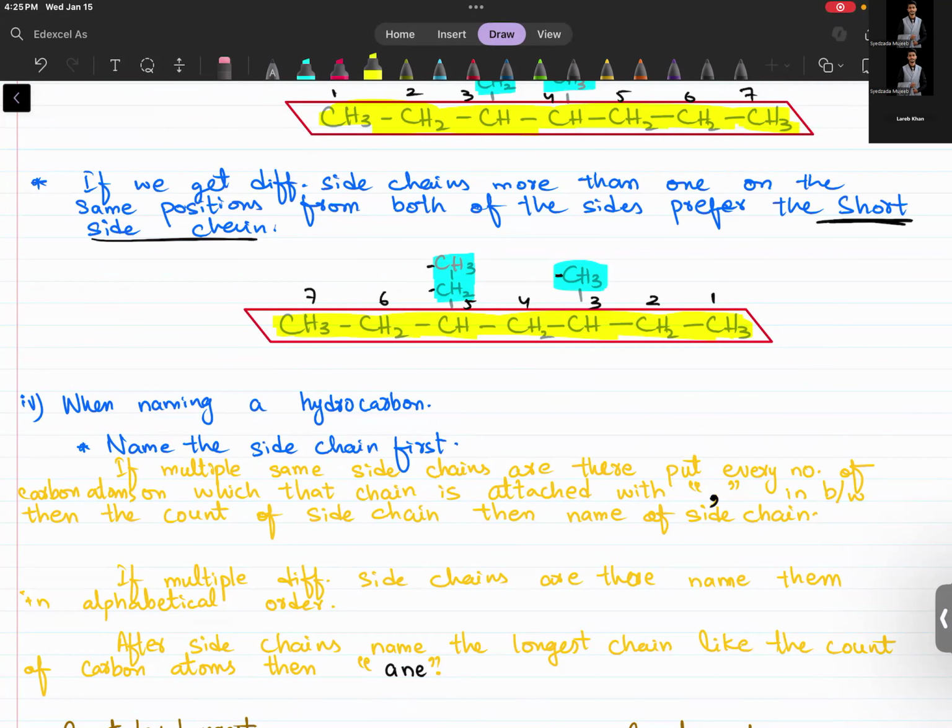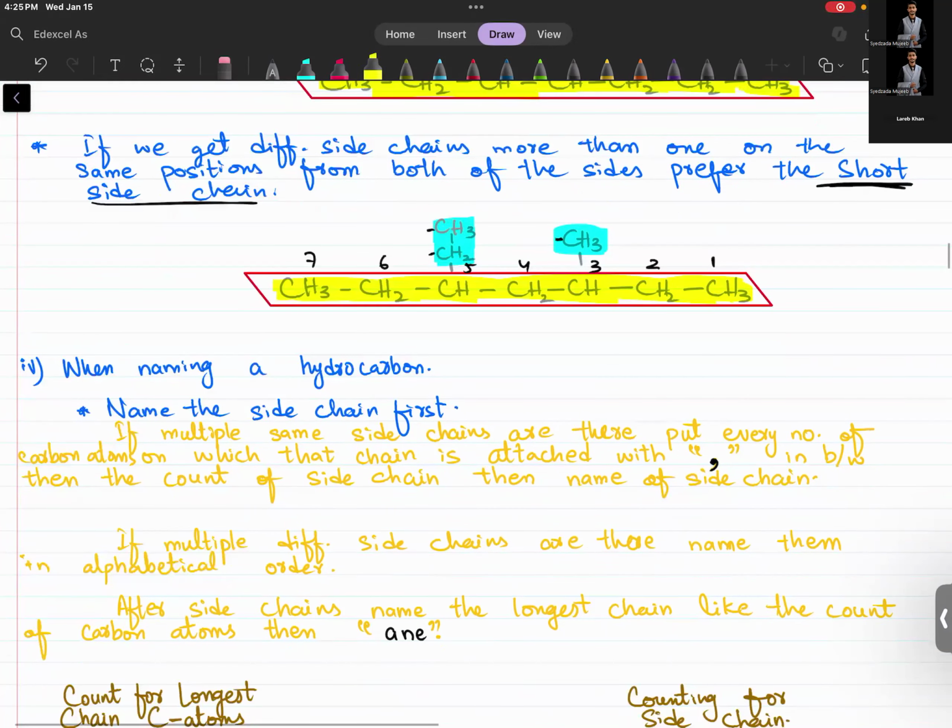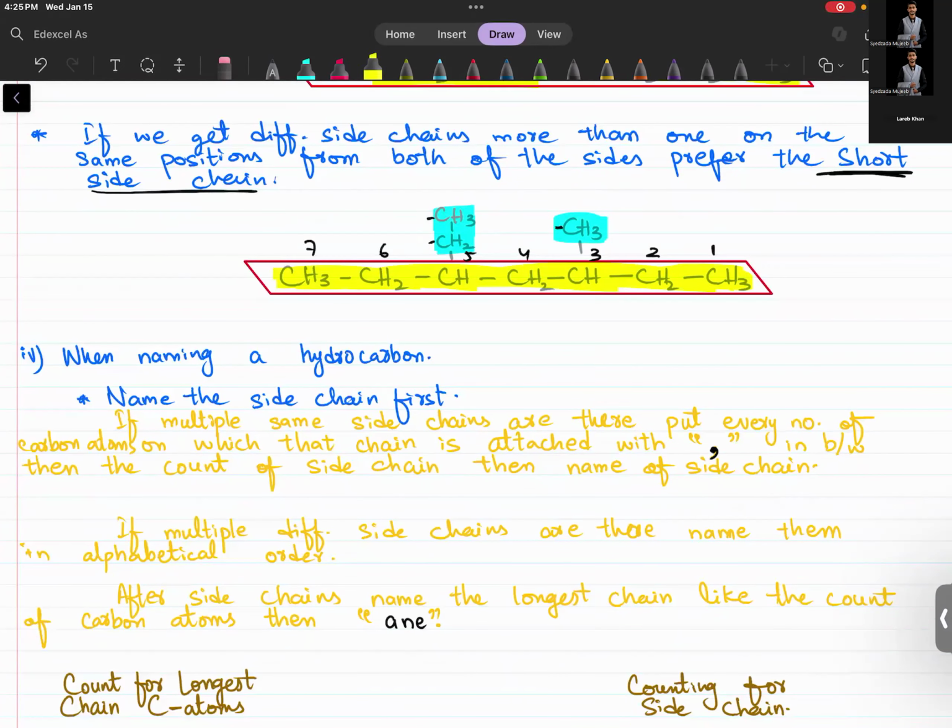Did you get my point? If multiple side chains are there, put the number of every carbon atom on which a side chain is attached, with commas in between them.